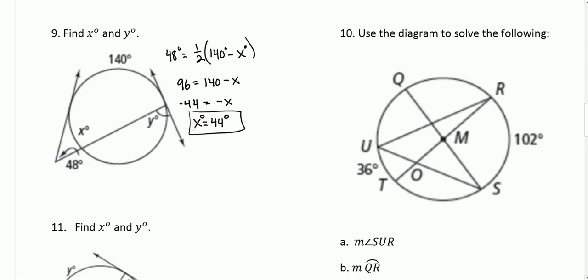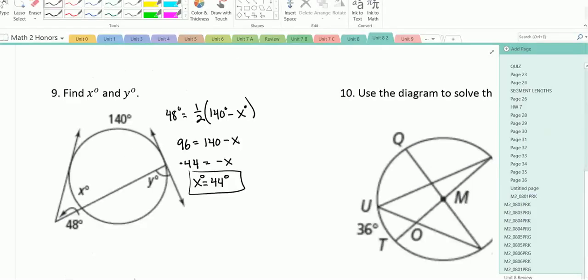And then for y, notice y is tangent to the circle, but that angle's not going to be 90 degrees because it's only perpendicular to the radius. But what we do know, we just found out that x is 44.